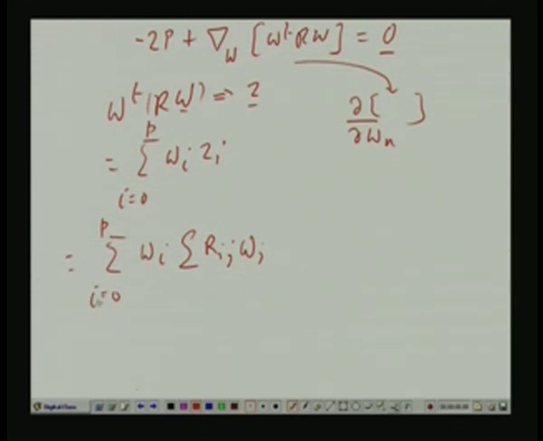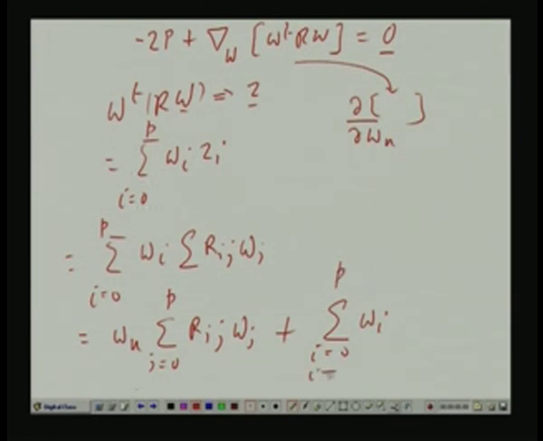What I will be doing in this outer sum, I will first separate out the k case w k, that is i equal to 0 to p, in that range when i equal to k, that case I am separating out. And then w i, i equal to 0 to p, but i not equal to k, this.